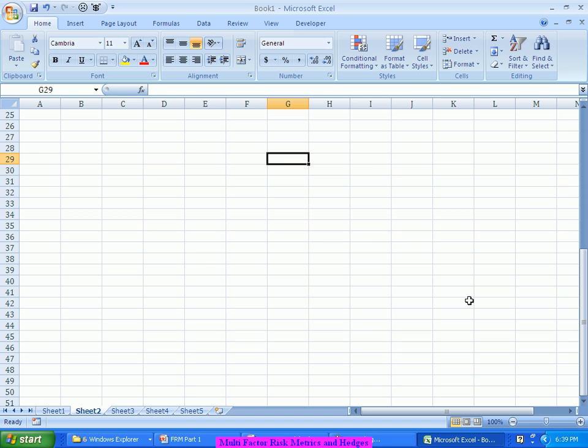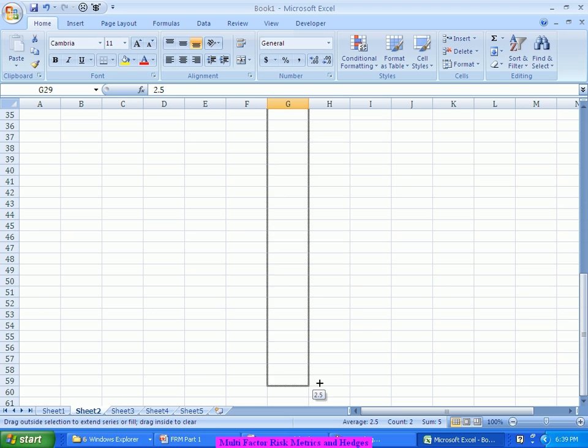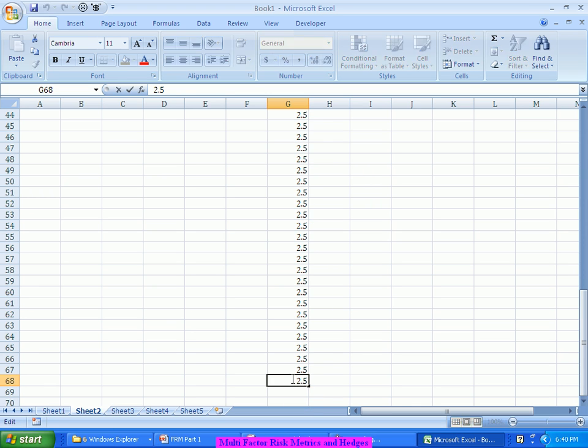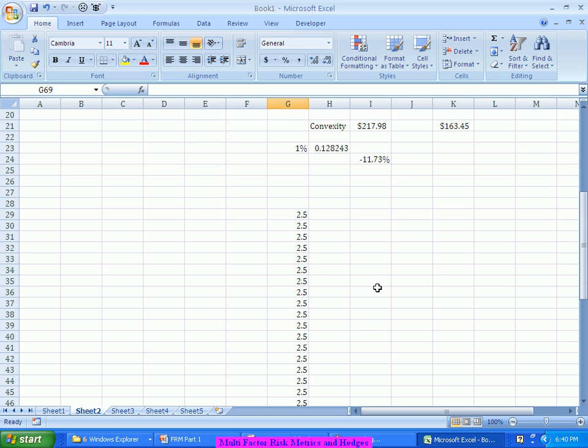Let's say I have a 20-year bond, and in that the same example which we have considered earlier, 2.5 is paid for 40 periods, and 102.5 is paid on maturity, right?